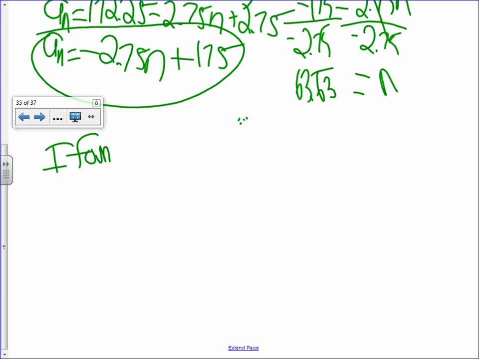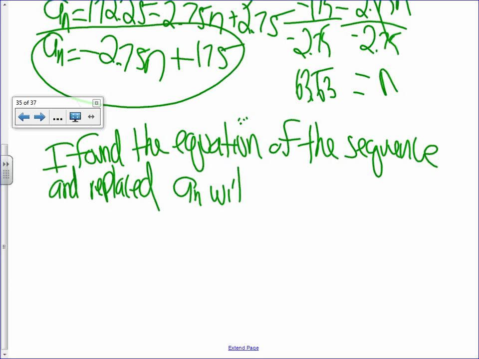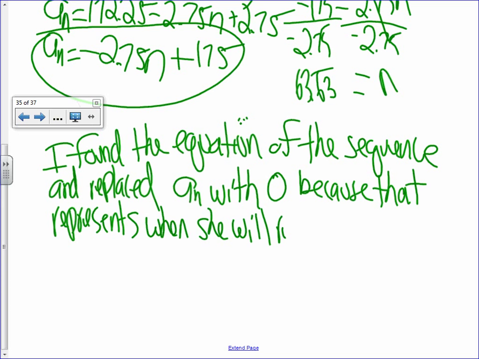I found the equation of the sequence and replaced A of n with 0 because that represents when she will run out of money.